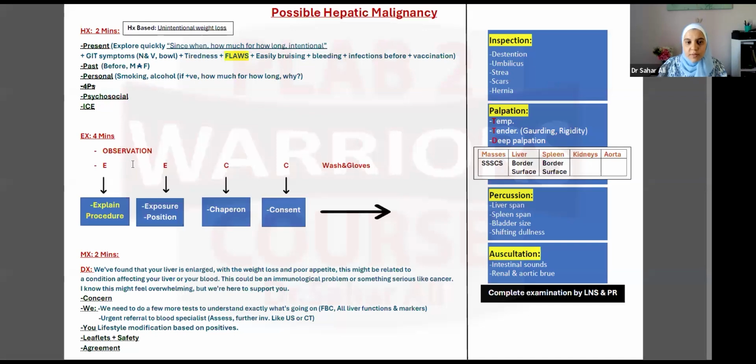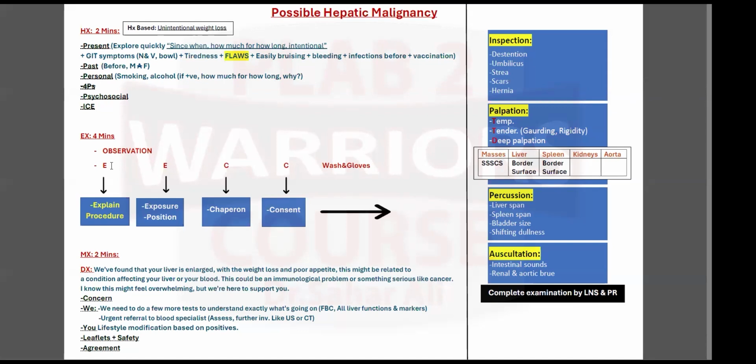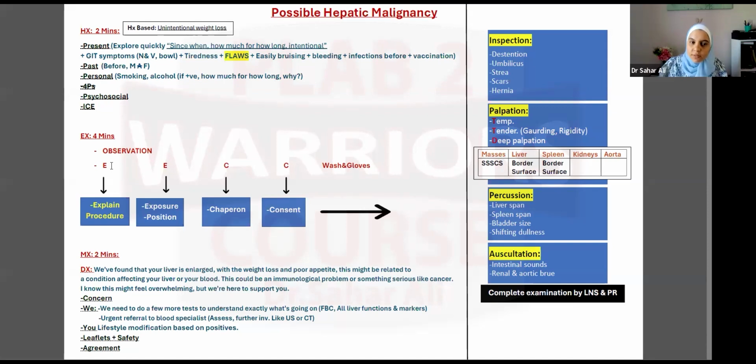Then you move on to the examination, check the observation as you did, then explain to the patient. You didn't explain to me. Why I explain? You explained to me what is the exposure and from where to where exactly.